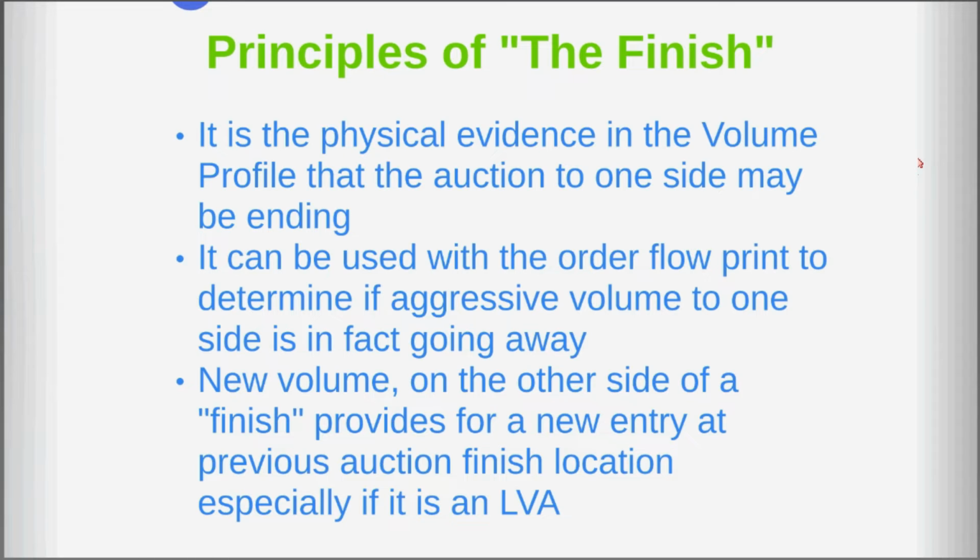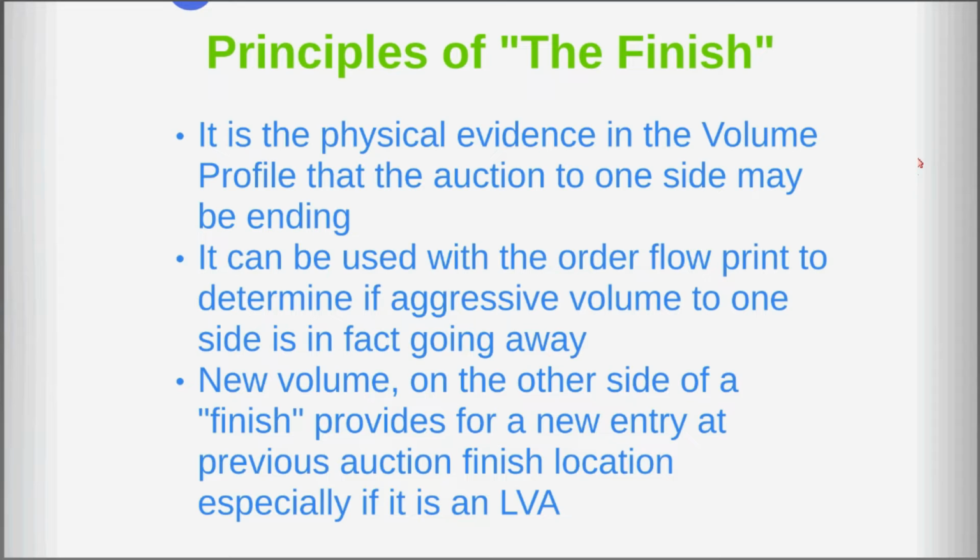And if they re-engage that area and that auction continues further down, that gives us a lot of information about the strength, or more important, weakness of the buyers and the strength of the sellers. All right, so it shows us a potential end to an auction.